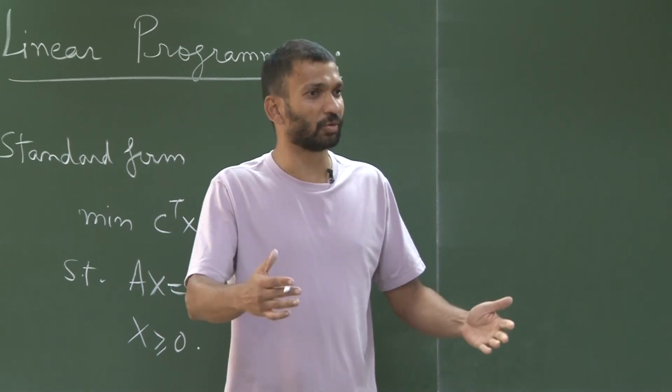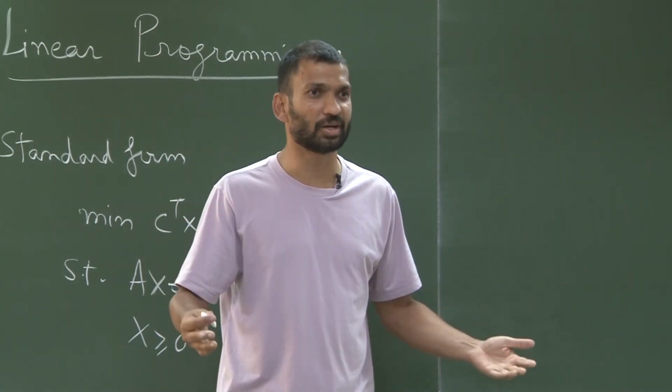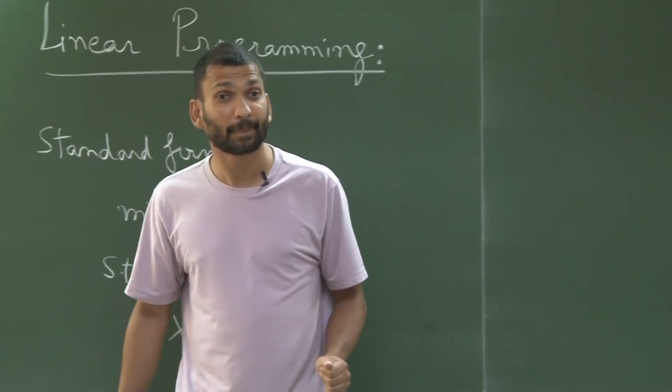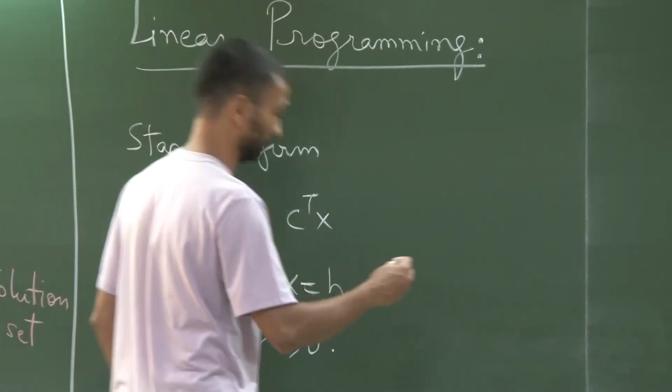So I said standard form of linear program. You said wonderful, it is a standard form. But what did you get out of it? Everything can be reduced into this. Okay, good.